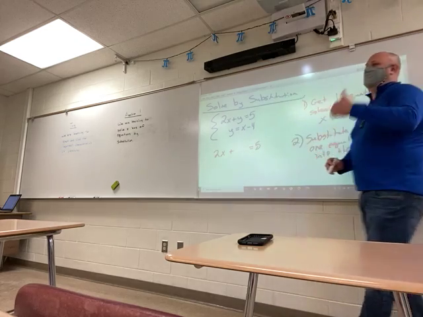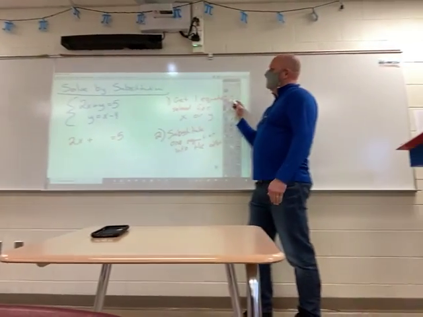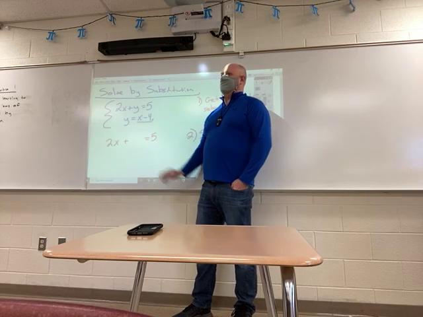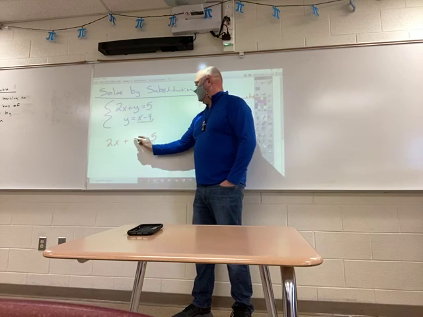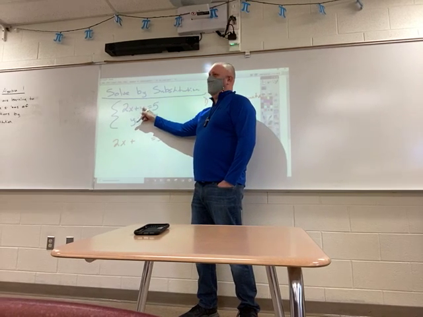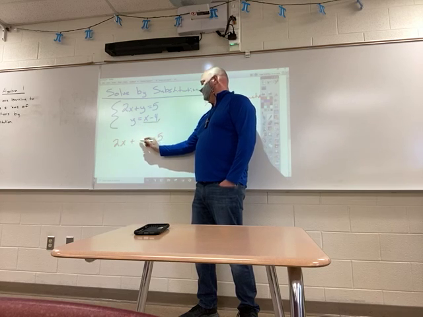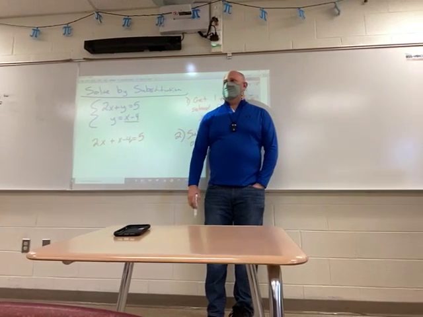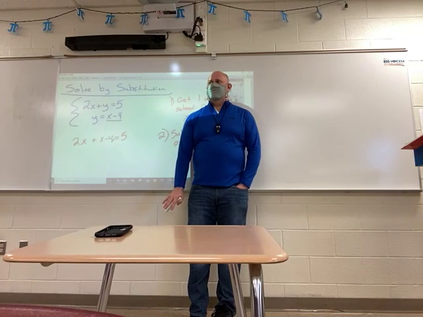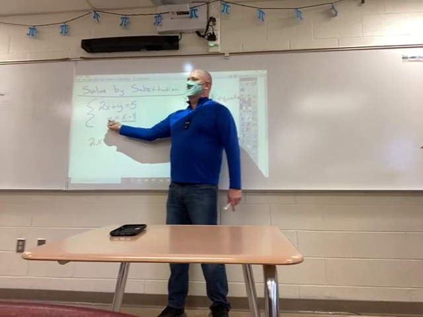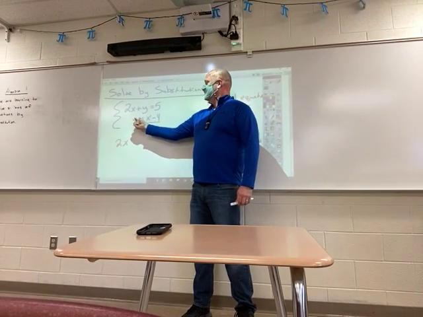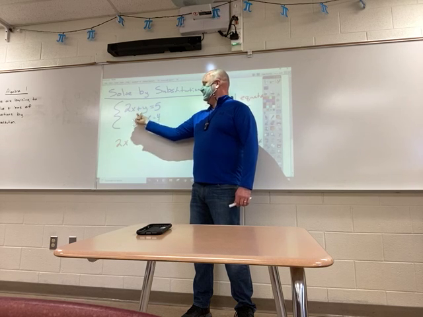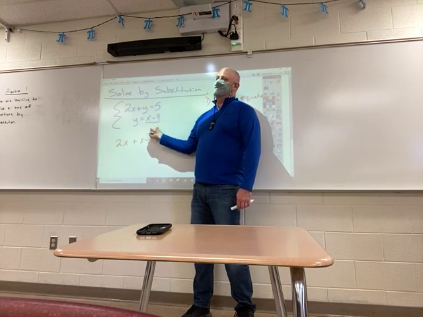But I'm not going to write the y. We know y is equal to x minus 4, right? I'm going to replace the y in the other equation with x minus 4. Does everybody see how I did that? This is equal to y, right? So in the other equation where the y was, I replaced it with what we know y is equal to.